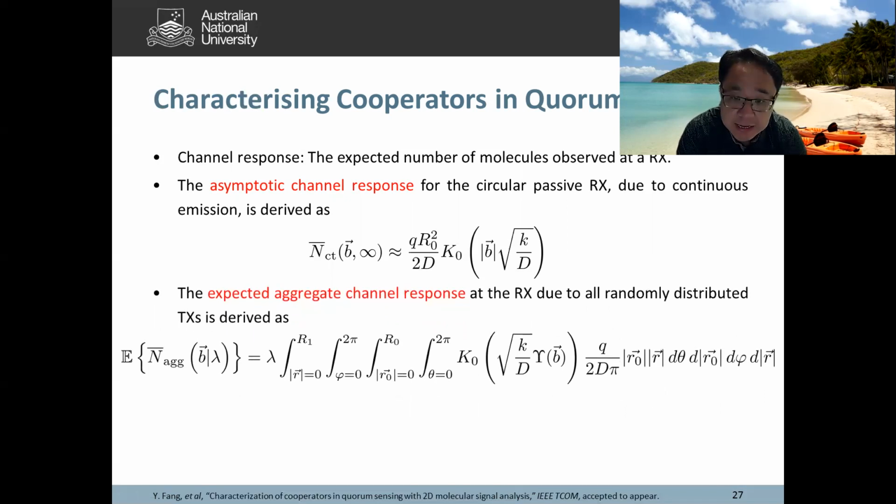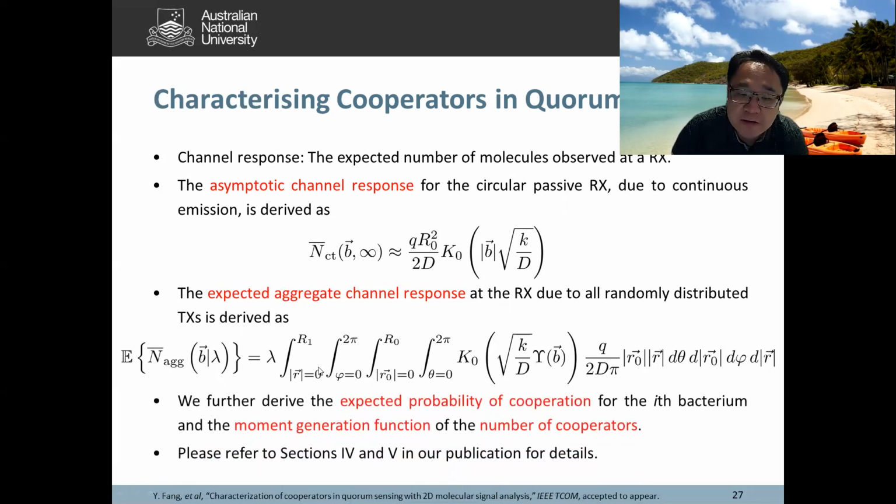And based on this asymptotic channel response for each receiver, we consider the expected aggregate channel response at the receiver due to all the randomly distributed transmitters. Given this, we derive the results, which are given by multiple integrations.